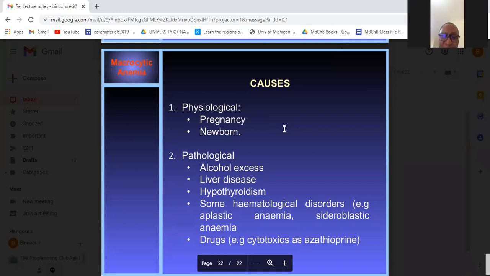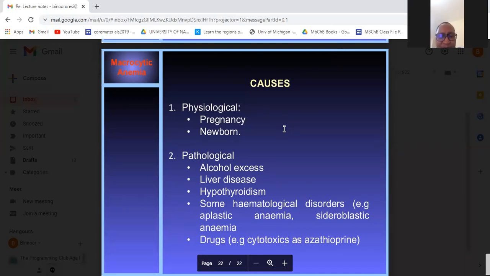But then you have the pathological causes. Of course, these accompany the underlying causes that cause macrocytic anemias. Alcohol excess, liver disease. When people have severe liver disease or liver failure, they'll have macrocytes.